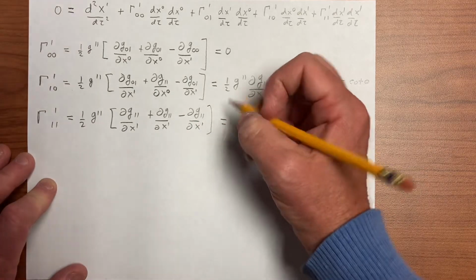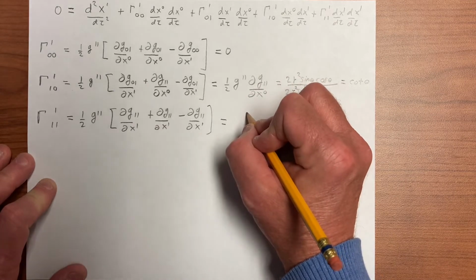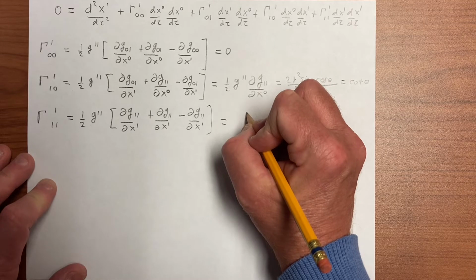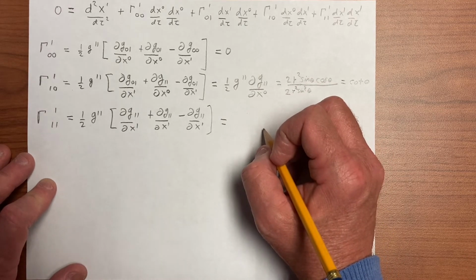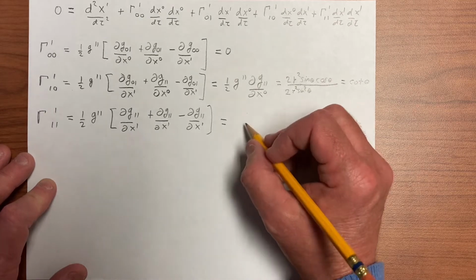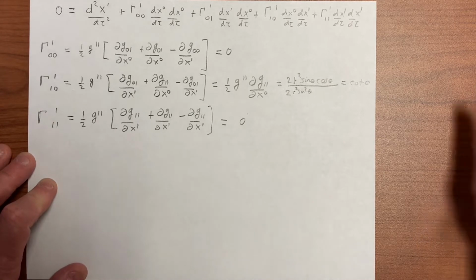So that's just dg11 with respect to x1, and that's, so we have g11 depends on x0, so not on x1, so this is 0. So that's it, we're done.